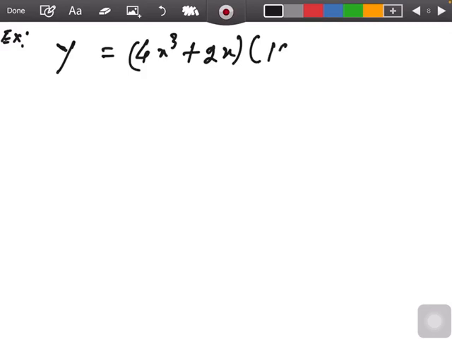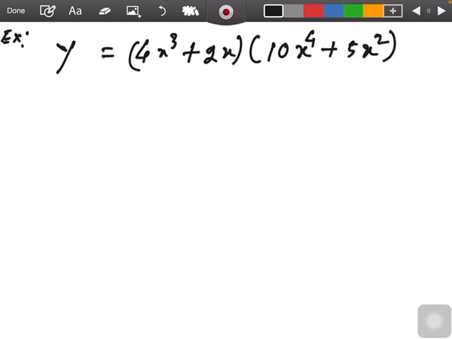Let this be one example here. y is equal to 4x cube plus 2x into 10x to the power 4 plus 5x square. तो ये प्रोडक्ट फॉर्म में है.